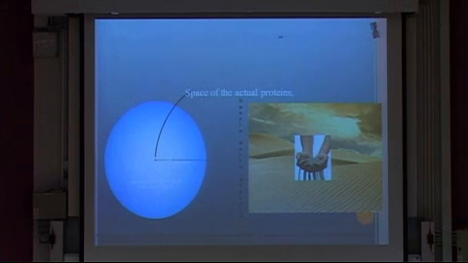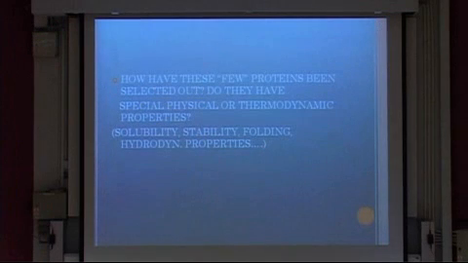And this simple calculation elicits a question: how have these few proteins of our world been selected out? Do they have something special like solubility, stability, folding, and that's why they have been selected and chosen?